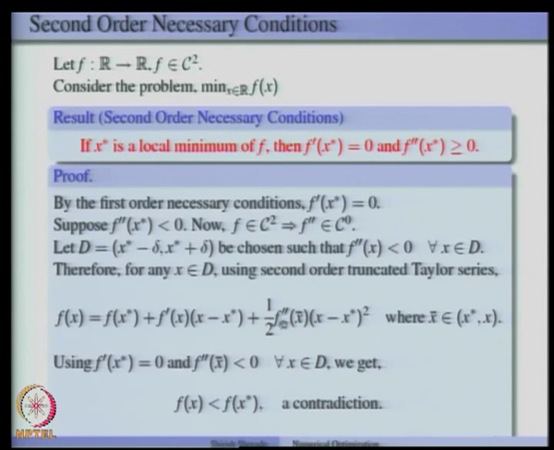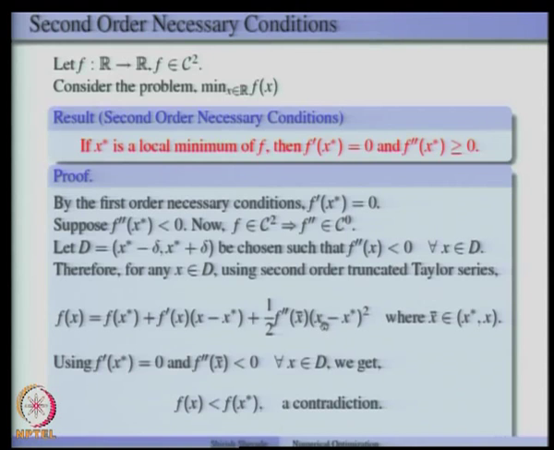Now, this quantity, this should be x star. So, this quantity is 0 and f2 dash x bar is less than 0, x minus x star square is greater than 0.